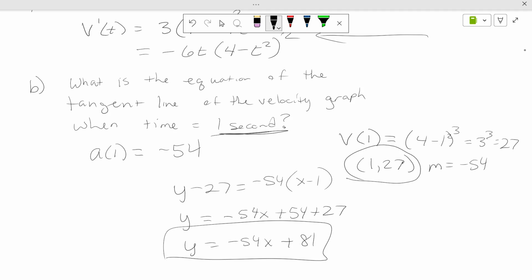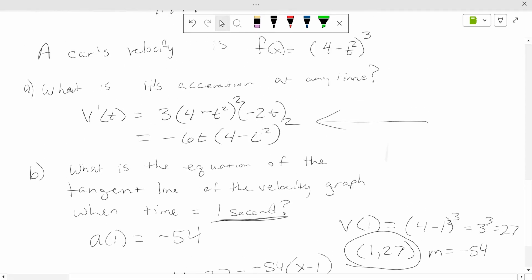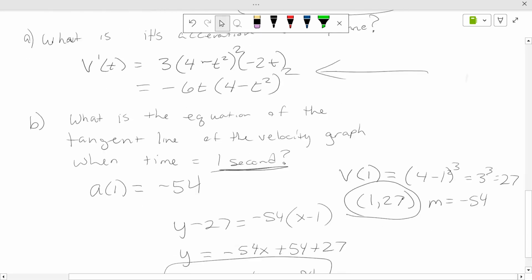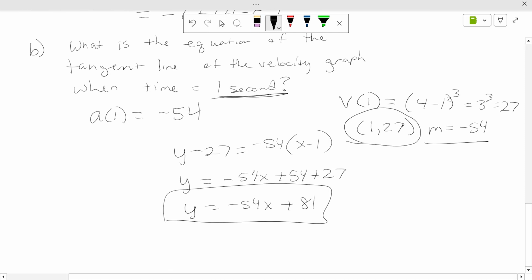And if we stick the x value into the velocity function, that is the y value. So we get an x and a y value and a slope. We plug it into point slope form and solve. So really, yeah, we're good there.